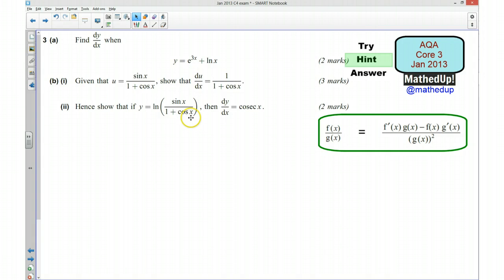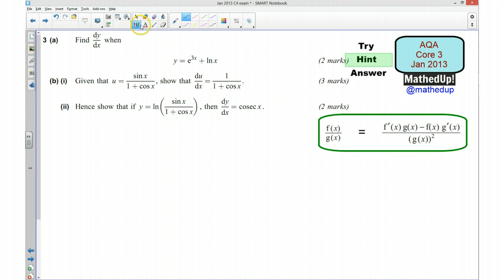So if we use the chain rule, we've already found what du by dx is. We should also be able to work out what dy by du is, because we've done a similar thing over here. We can then use the chain rule to work out what dy by dx is.